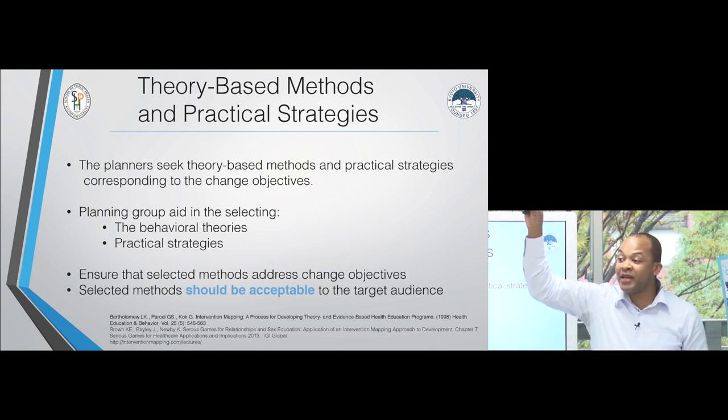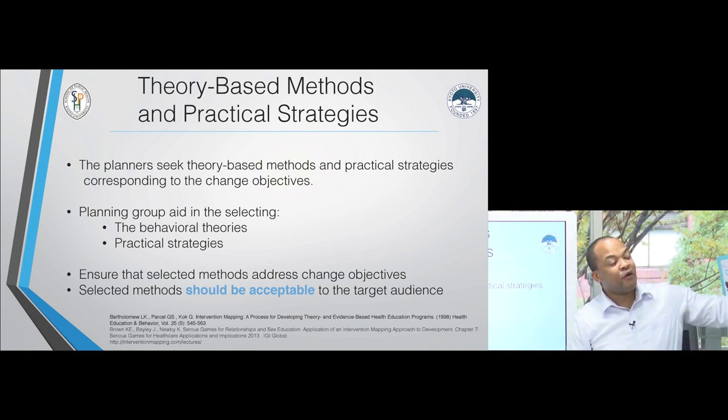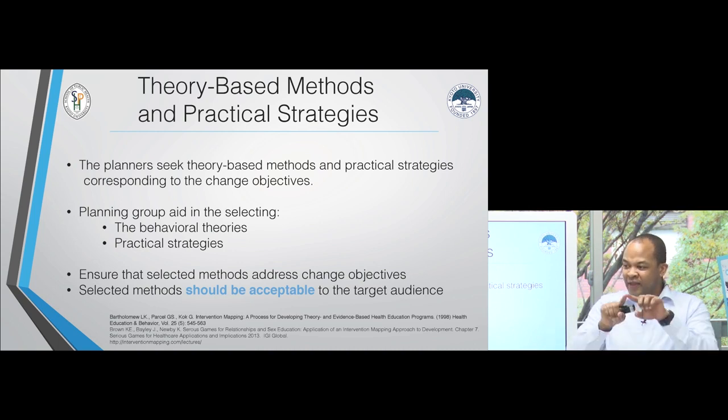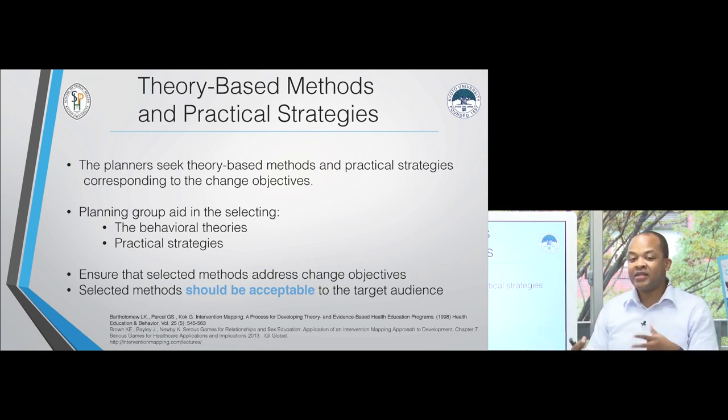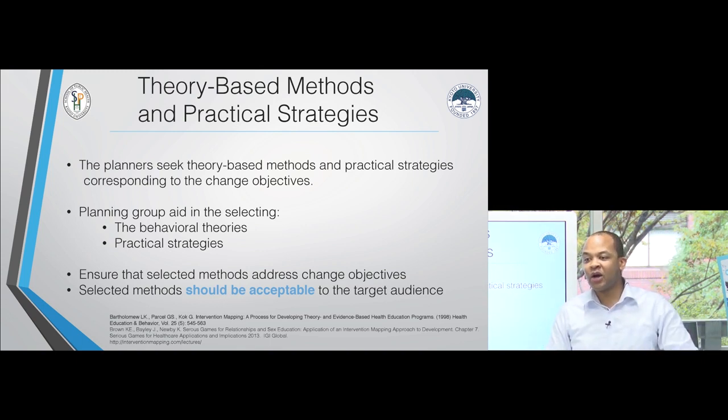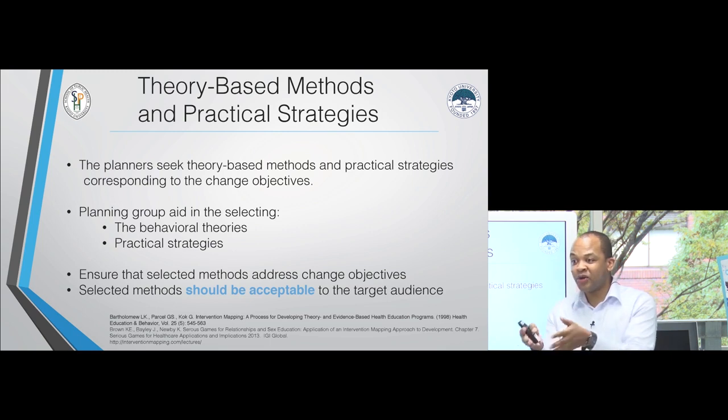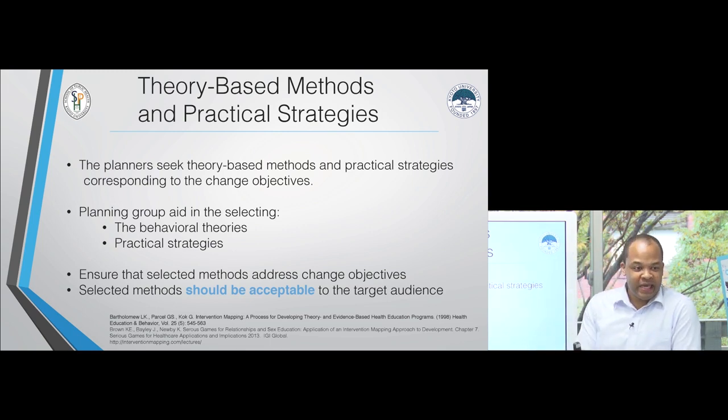Because you have a determinant of the change, you have the performance objective, then you have the change objective. So you want a theory that will address directly the change objective. This is what helps you to actually narrow down the theories and get to one theory that best suits what you want to do.